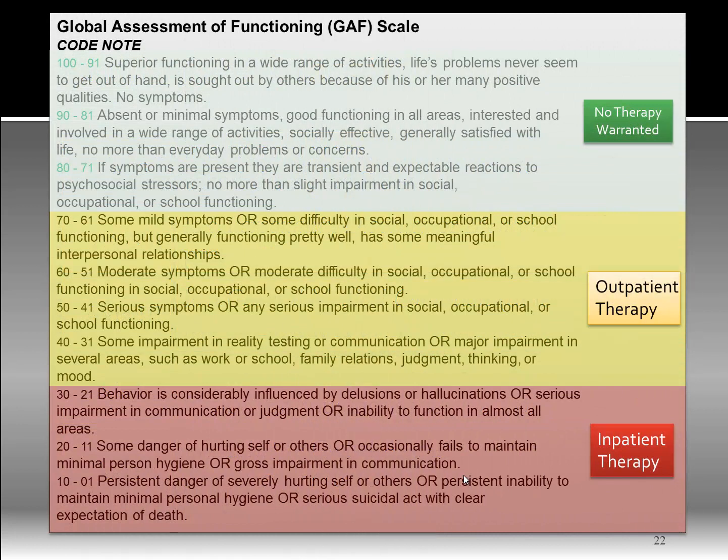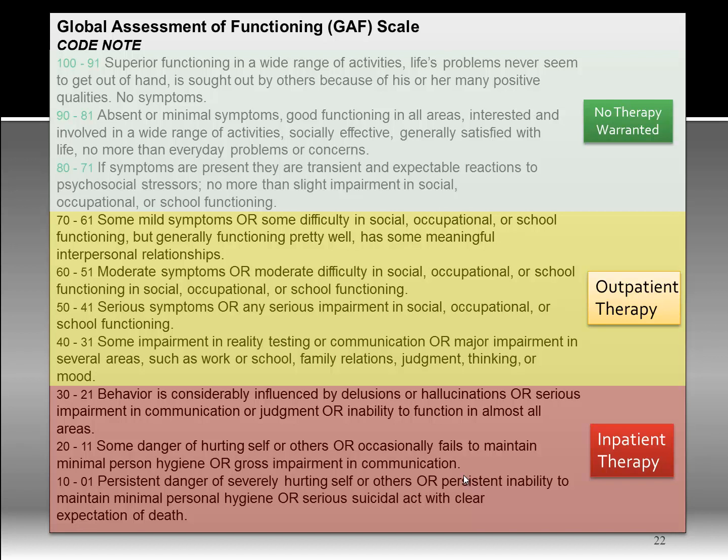And here's the global assessment of functioning, and kind of at the top there where you see the green numbers and it says no therapy warranted. In any of those categories up there, we would say a person really doesn't need therapy. They're going through the adjustment problems that we all go through, and there's nothing really extremely deviant or dysfunctional about their behavior.